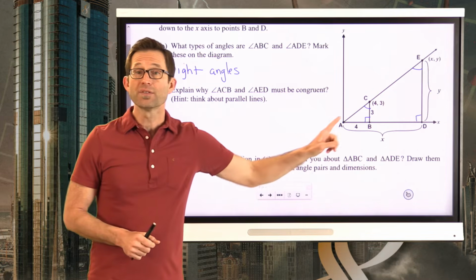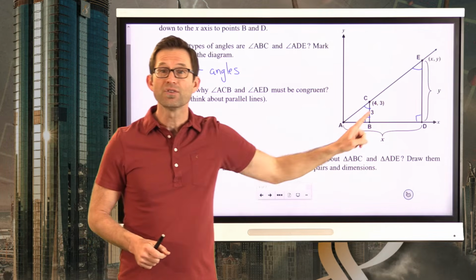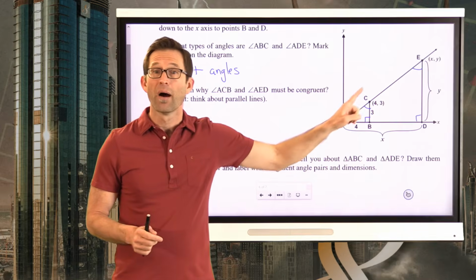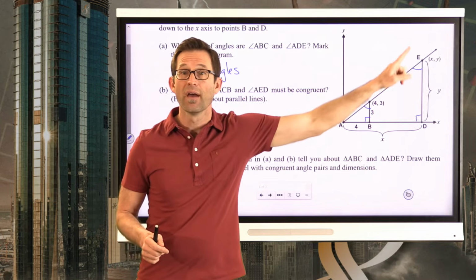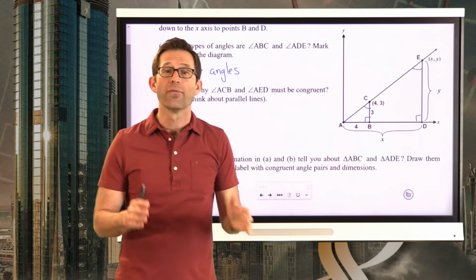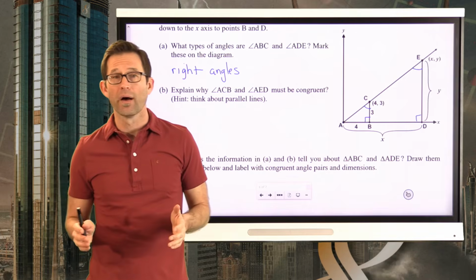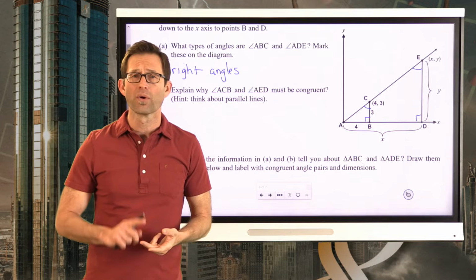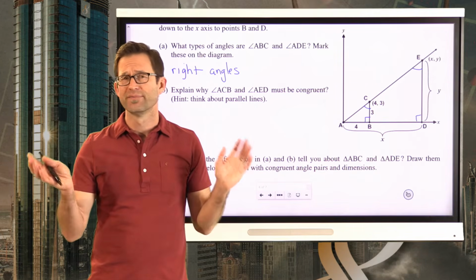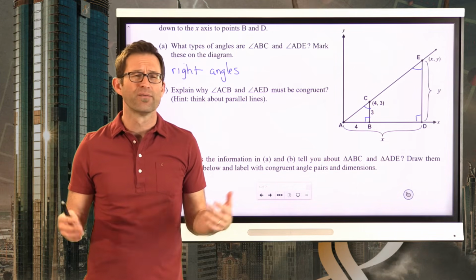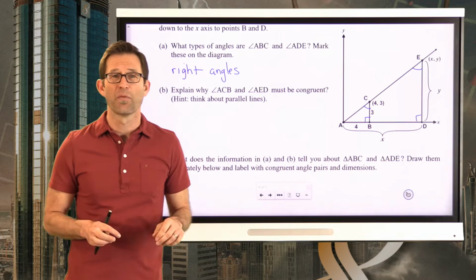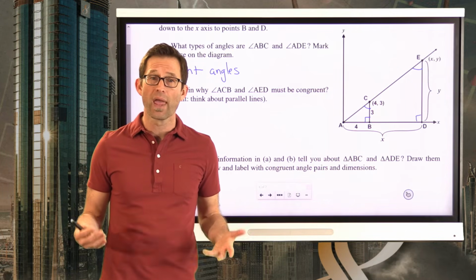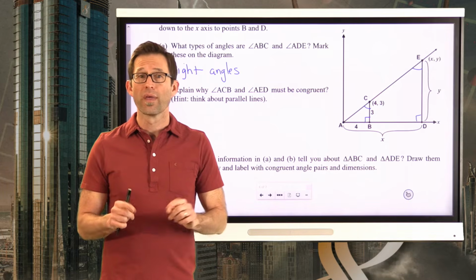Well, these two angles are corresponding angles that have been created by the parallel lines BC and DE. And if you recall our work with parallel lines, there were lots of different angles that were congruent: alternate interior, corresponding, alternate exterior, vertical angles, though actually those had nothing to do with parallel lines. But the point was there were lots of different types of angles created with parallel lines that were congruent.